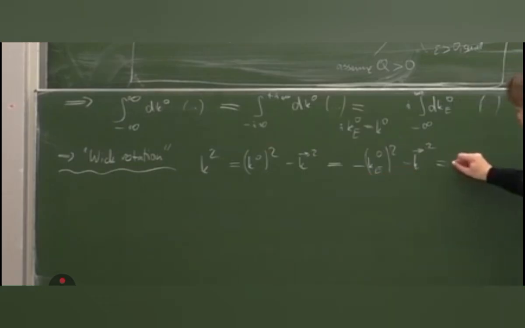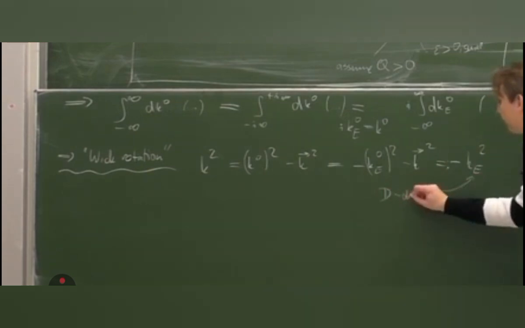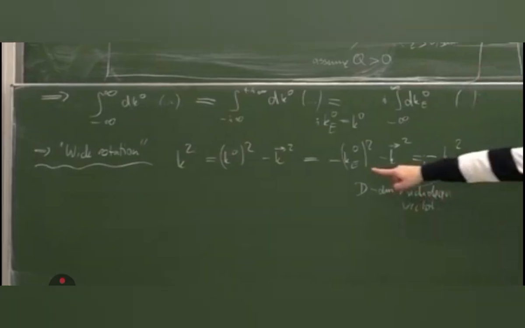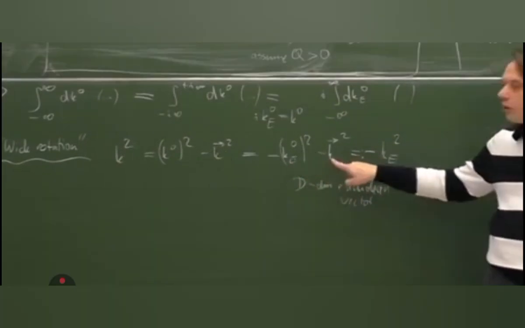We can write this as minus the Euclidean vector square. So that is the definition. So kE square is now a d-dimensional Euclidean vector. And this kE square is simply the energy kE0 square plus k vector square. So we have now a d-dimensional Euclidean metric instead of d-dimensional Minkowski metric.